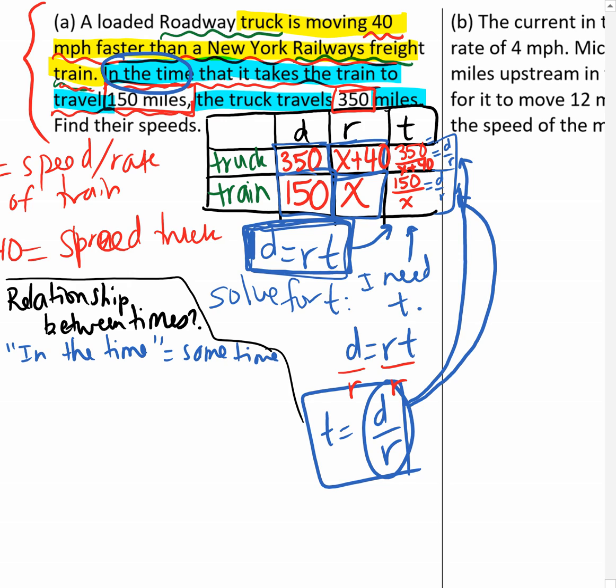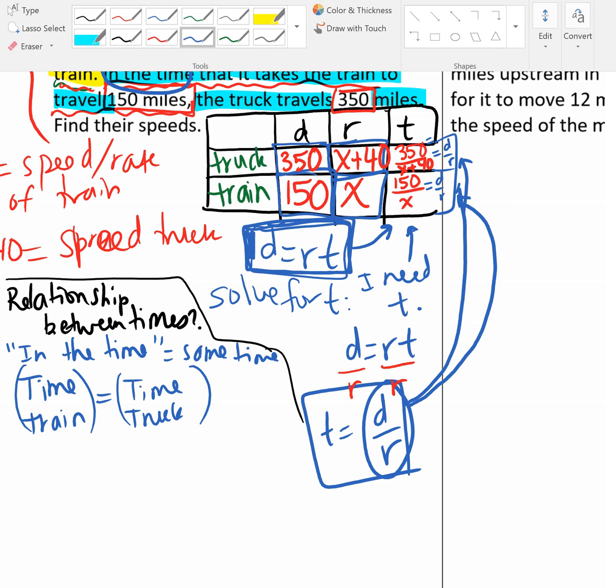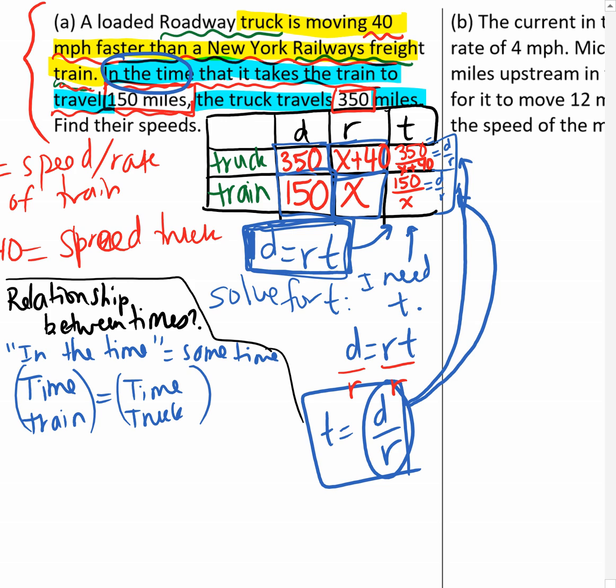So pretty much, if I want to brainstorm, the time for the train is equal to the time for the truck. In this situation anyway, since we're talking about the truck driving 350 miles and the train driving 150 miles. So I'm going to take the times from the formula and fill them in here.